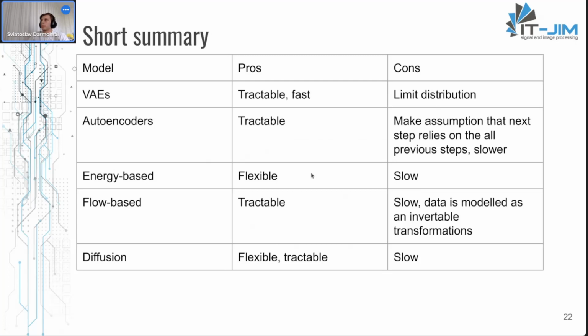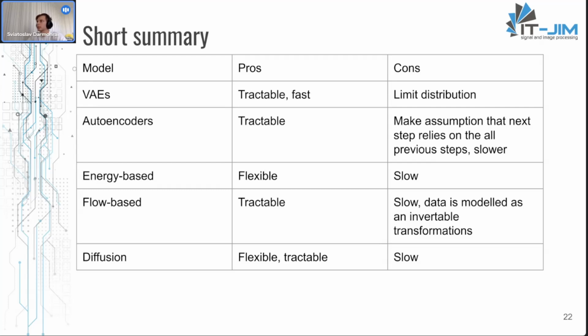And a short summary of these different models. VAEs are tractable and fast, but we limit the original distribution to this function p that we can choose, though it may not always be a good distribution for our data.